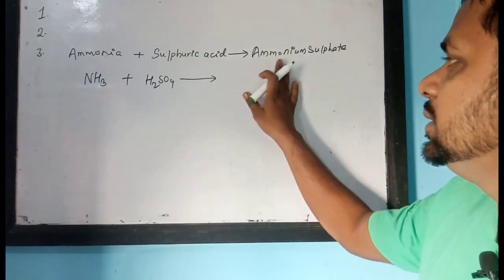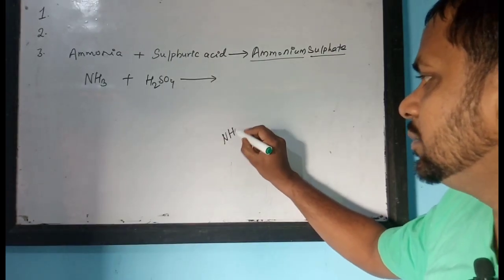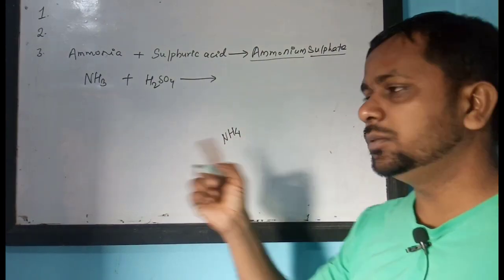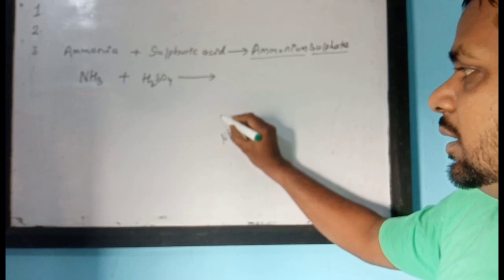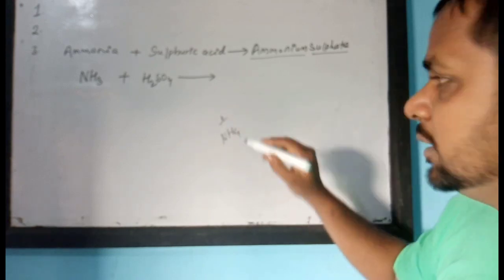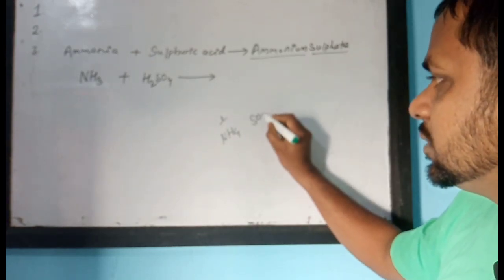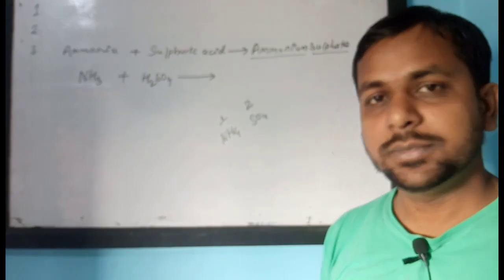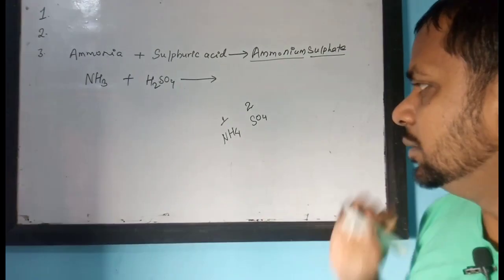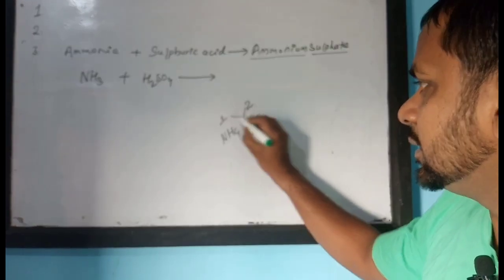Then first we need the ammonium symbol, NH4 plus. I have not included this, but you remember ammonium symbol is NH4. Its valency is 1. Sulfate symbol is SO4 and its valency is 2. Now you do the crisscross.